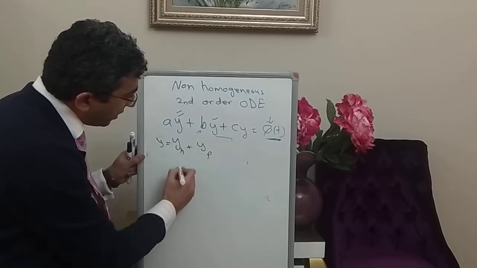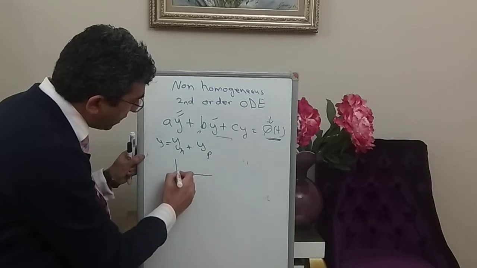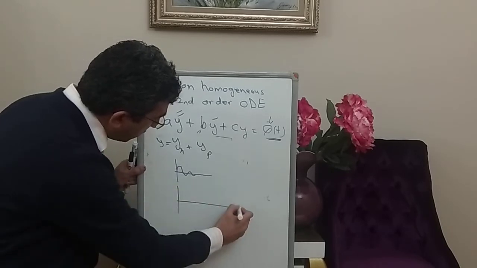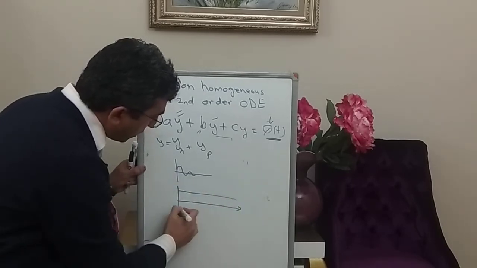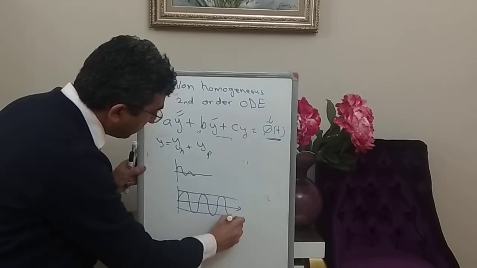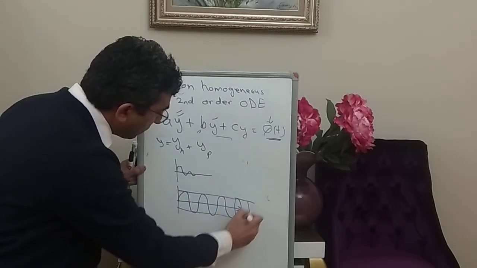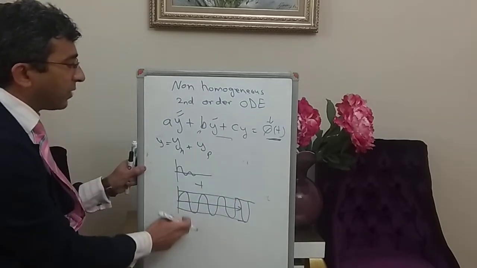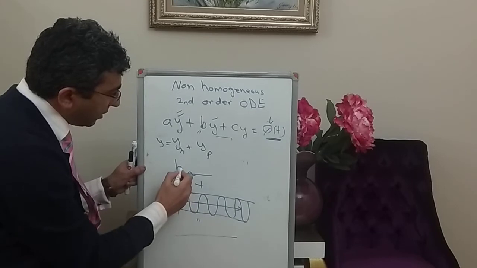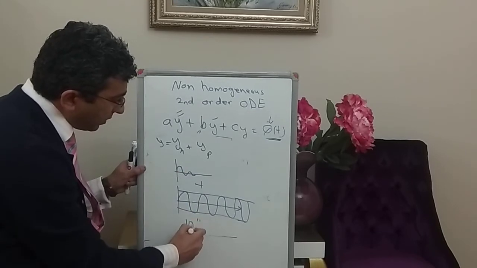If you draw it, there is a homogeneous solution like this. In the beginning, maybe it will stop here, but the particular solution is a kind of sinusoidal with 7 Hertz, for example. If you add this to that, in the beginning you will add these peaks to these peaks, so you have something like this.